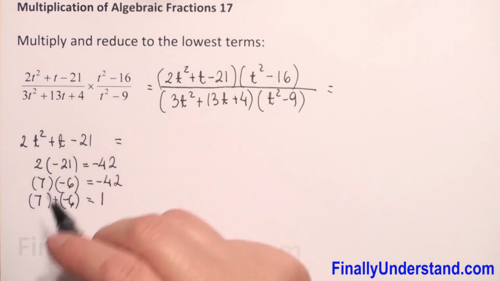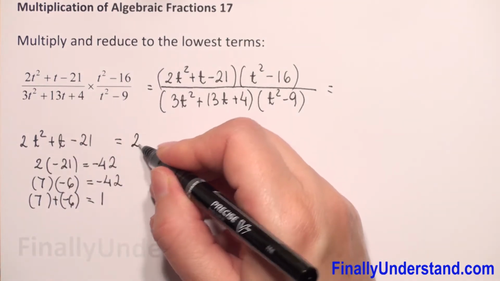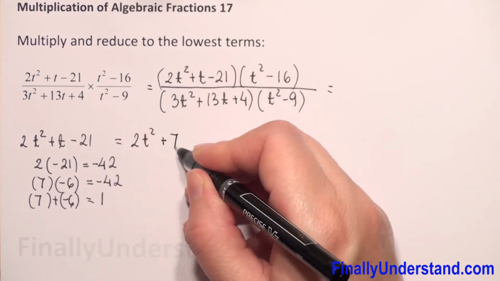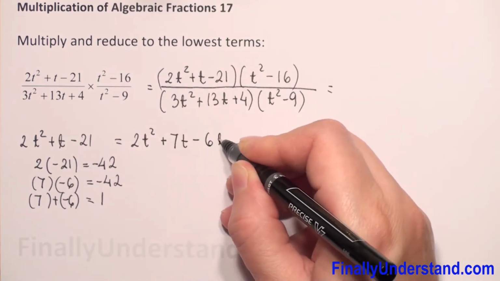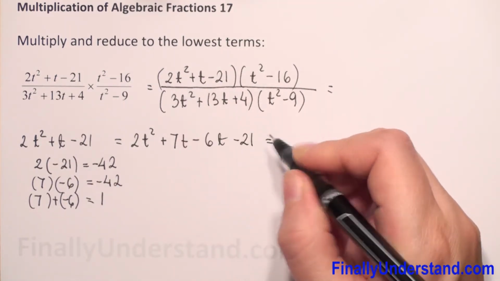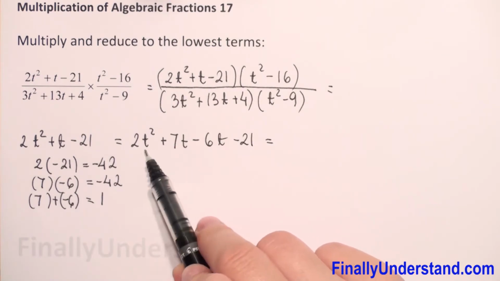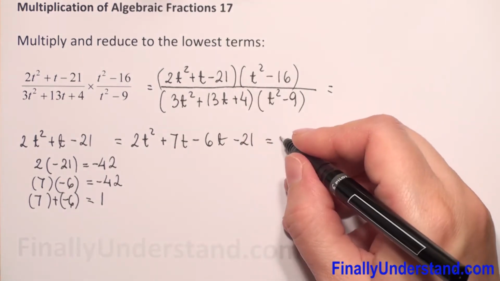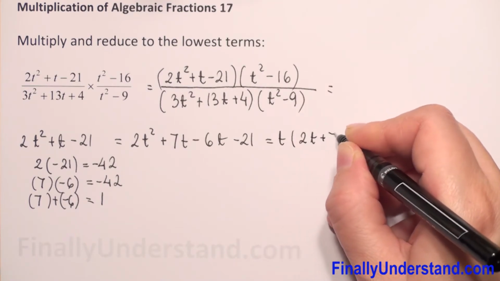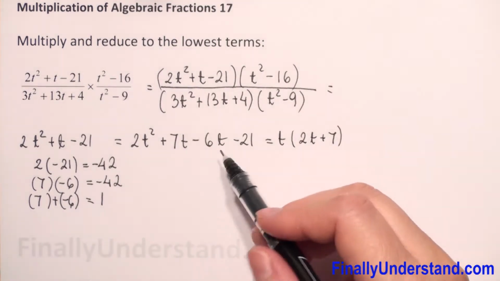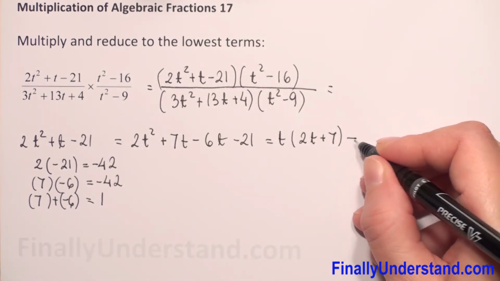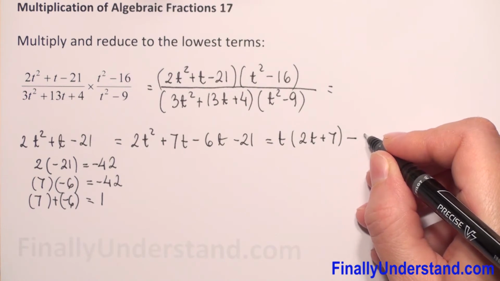So now I can rewrite our trinomial: this is 2t squared I have to copy, and t I will rewrite as 7t minus 6t. This is exactly t. And negative 21 we have to copy. And now we can factorize from these two first terms t, and we will have 2t plus 7 in the first parenthesis, and from the last two terms I will factorize negative 3.